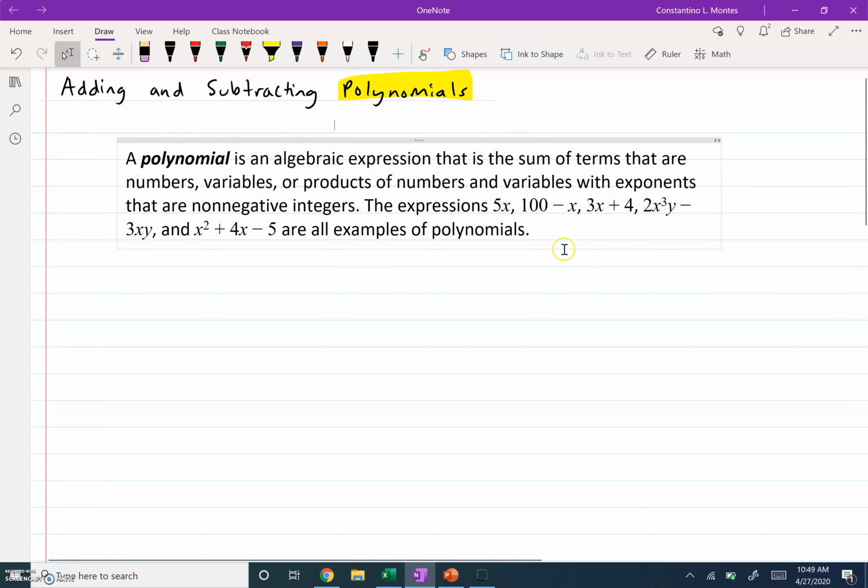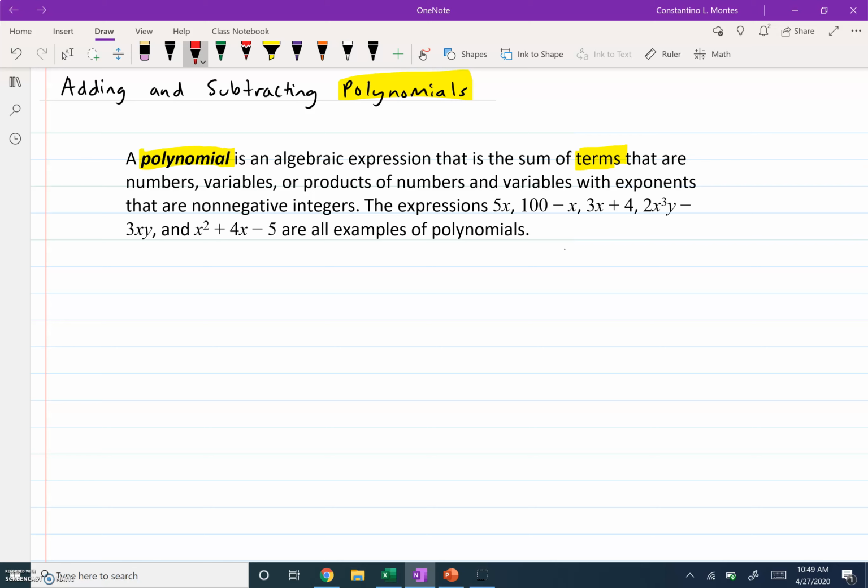So this is a pretty big mouthful, and we're going to try and dissect what this is getting at. It says a polynomial is an algebraic expression that is the sum of terms. We might not know what terms are. It's not defined here, but terms are going to be numbers.